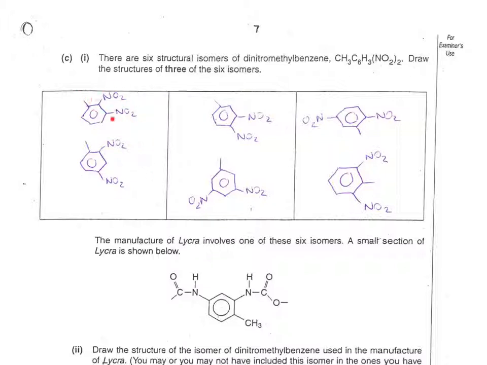So you've got the 2 nitros together, and that can have the methyl group in 2 different places. We've got the 2 nitro groups separated by 1 carbon, and the methyl can go in 3 positions for that. And then finally we've got the 2 nitro groups opposite each other, and there's really only one place the methyl can be that makes that a different isomer. So any 3 of those is okay for that part.